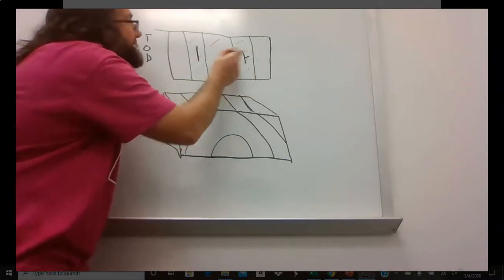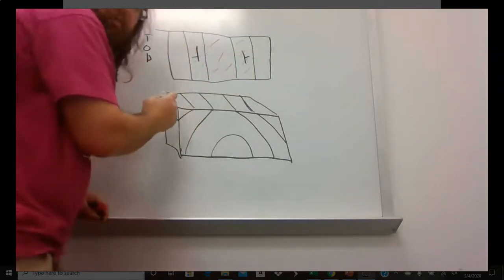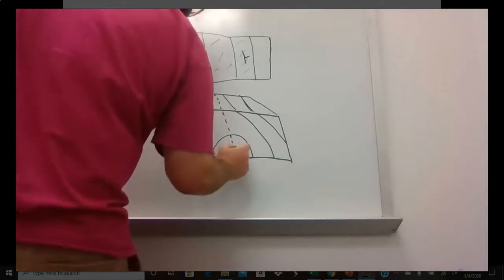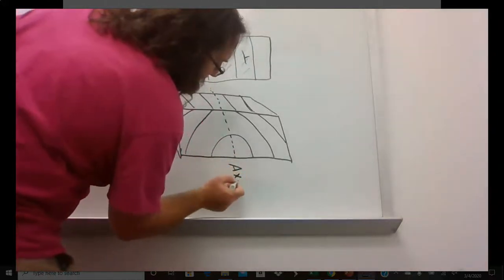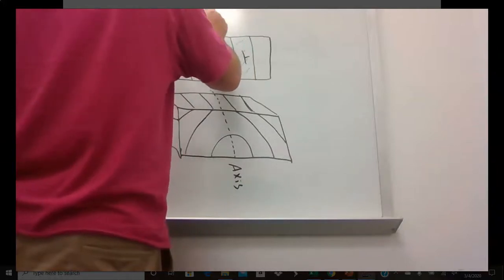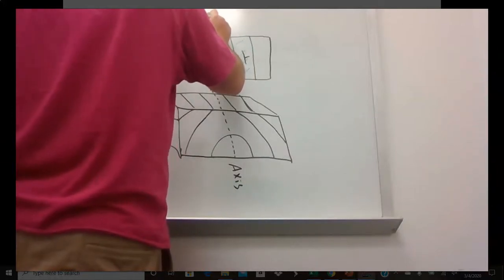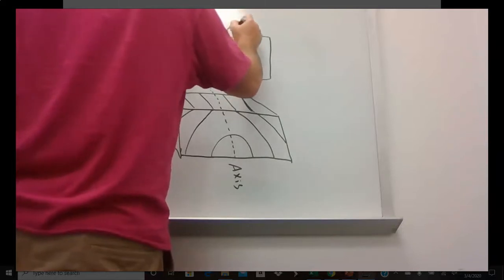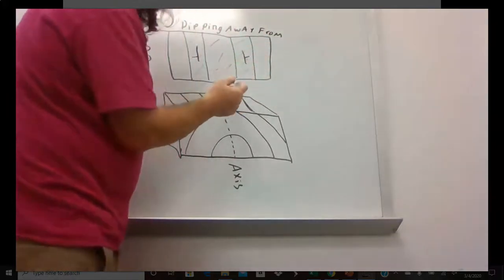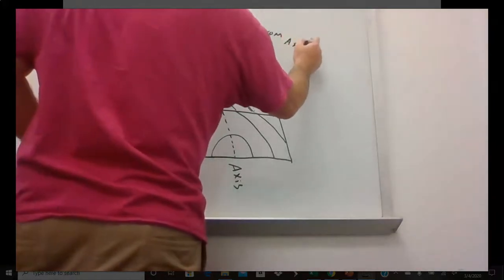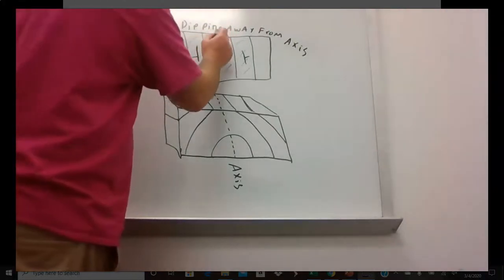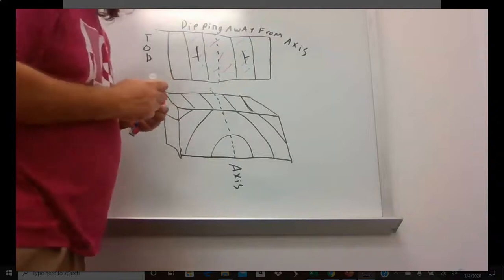Dips point away from the axis. And then your dips are pointing away from the axis of your fold.